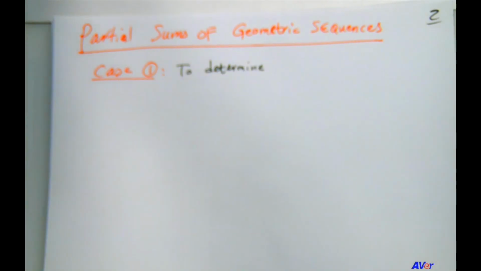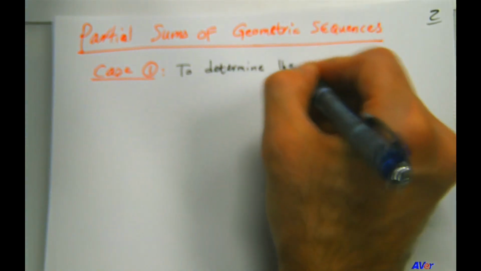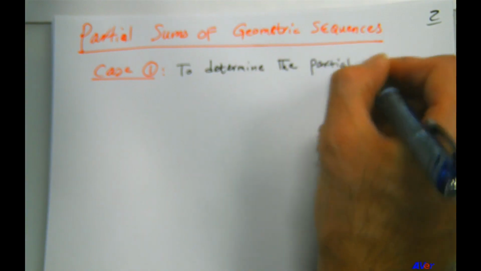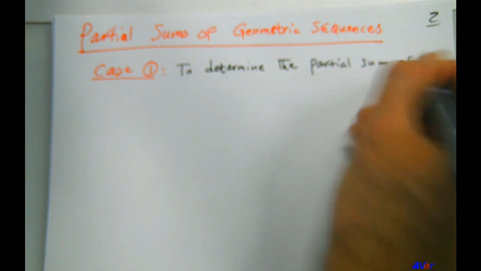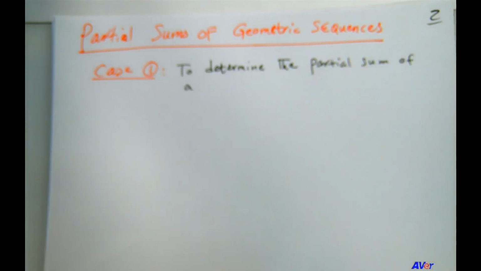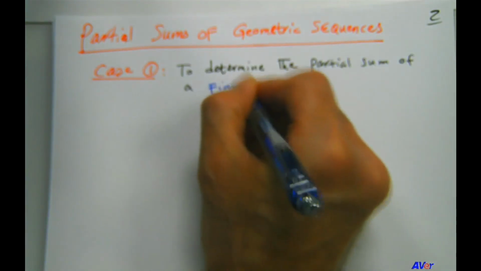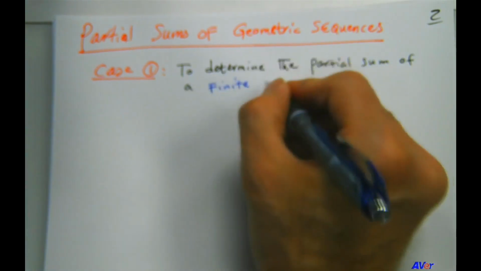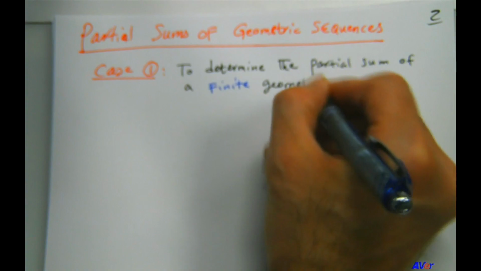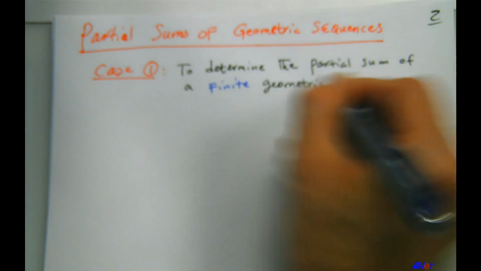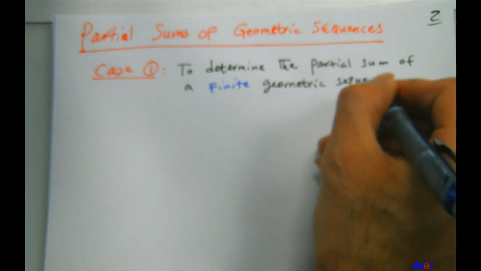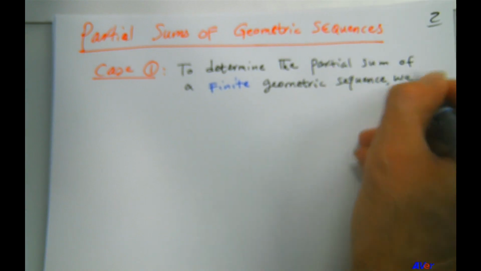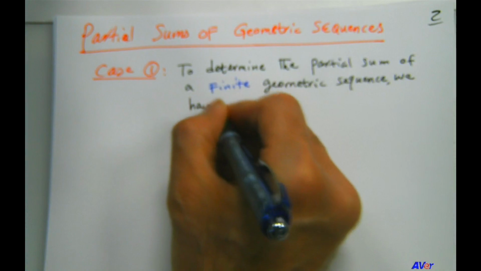So to determine the partial sum of a finite geometric, that's the key word there, finite geometric sequence, we have this formula.